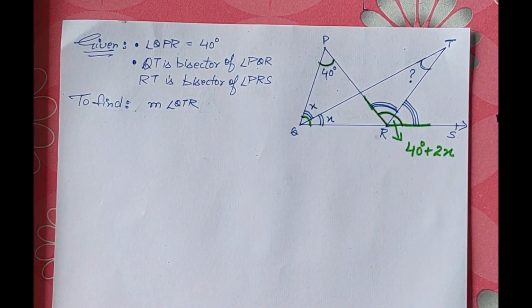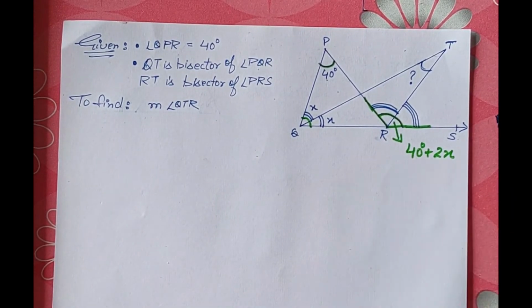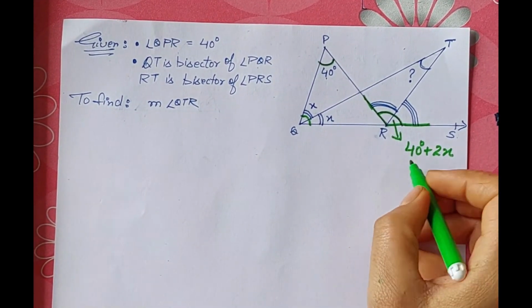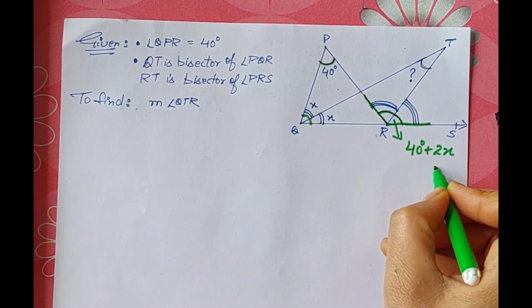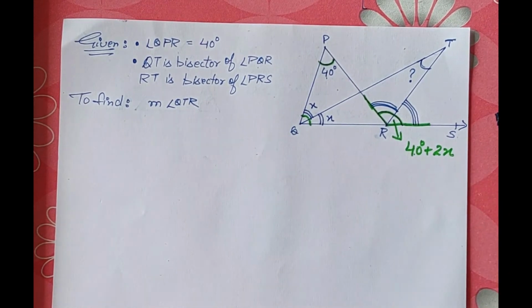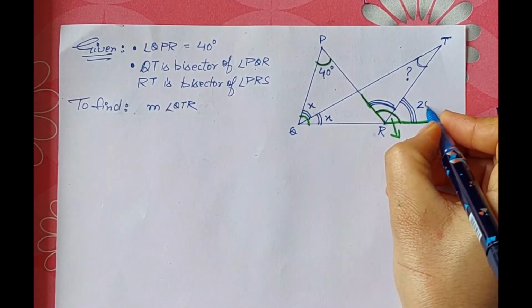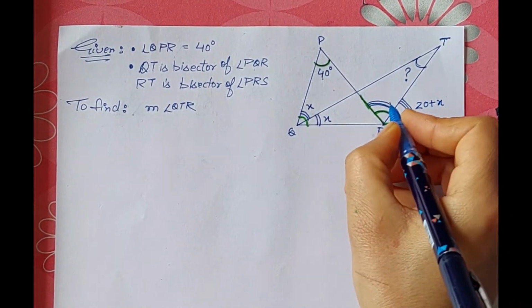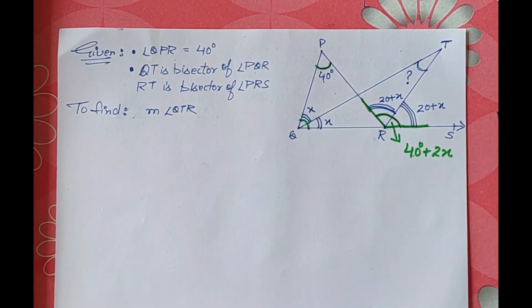If it is 40 plus 2x, what is its half? Half means dividing this by 2, so this will also be divided by 2. So these angles are 20 plus x, and this angle is also 20 plus x.